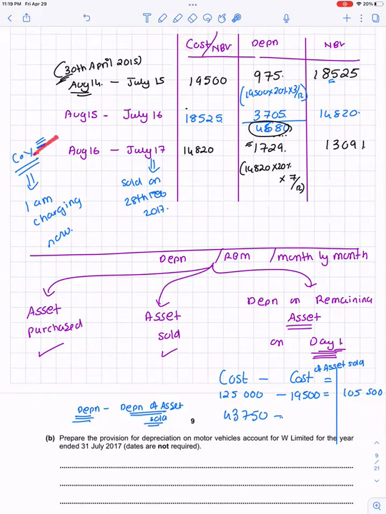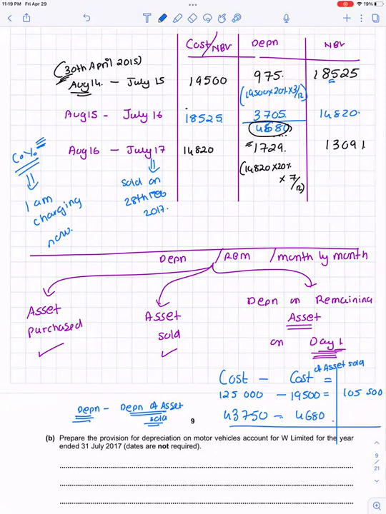So before the day 1, what is the accumulated depreciation of assets sold? 4,680. So before the day 1, the accumulated depreciation of assets sold is 4680.